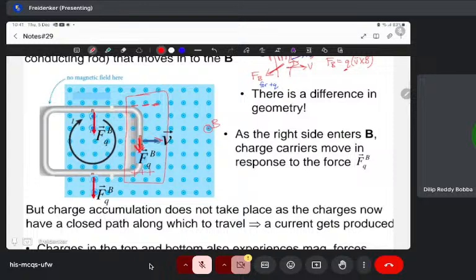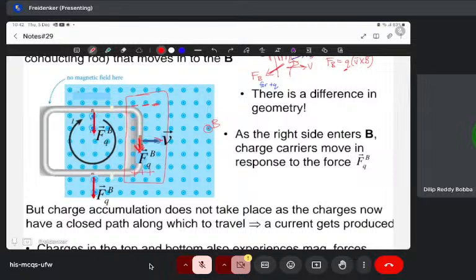But they won't accumulate there because now you have a conducting loop. So there will be no accumulation. We've seen that if charges try to accumulate anywhere, in any of the corners or any place, there is a self-correcting mechanism.